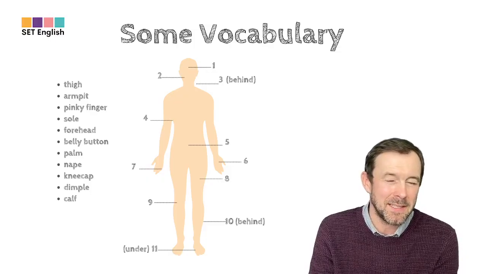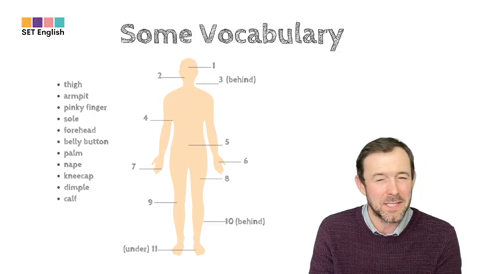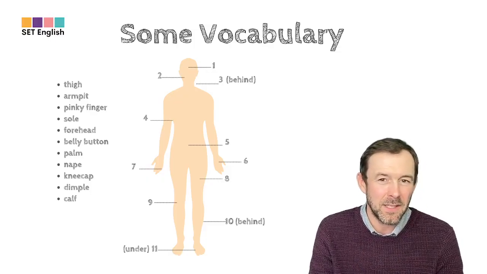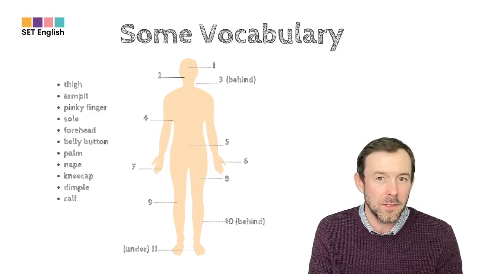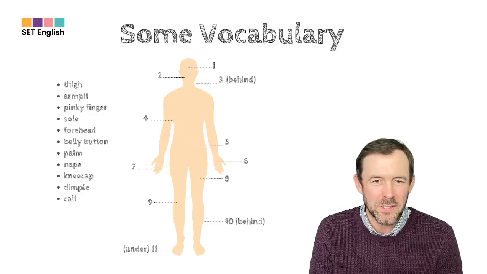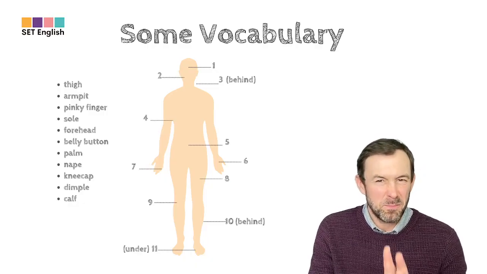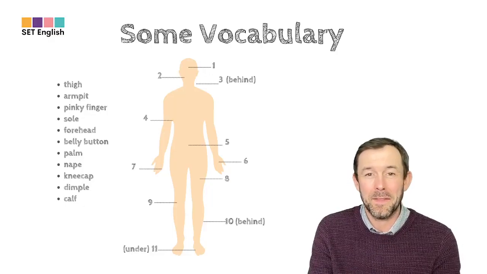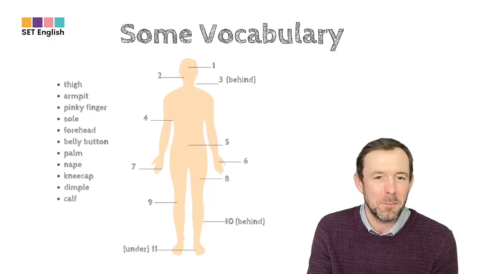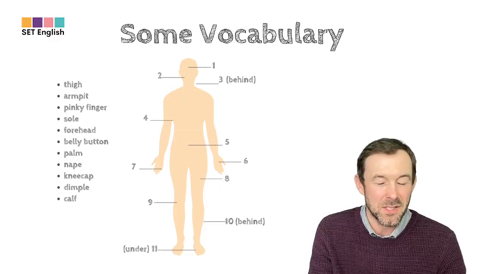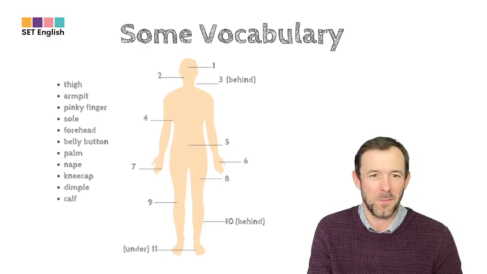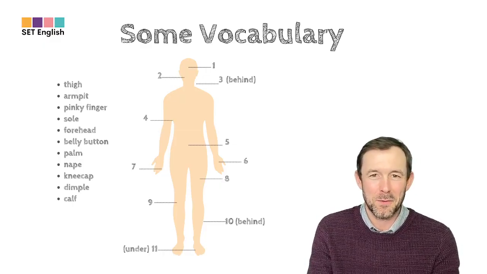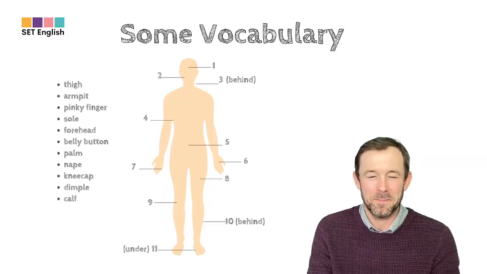It's just behind it on the other side, the sort of anterior side of the body. And for 11, it's under. So it's under the foot. All right, so I suggest that you pause the video now and give yourself as long as you like. But I'm going to count down from 5 and then start going through the answers. Okay, 5, 4, 3, 2, 1.